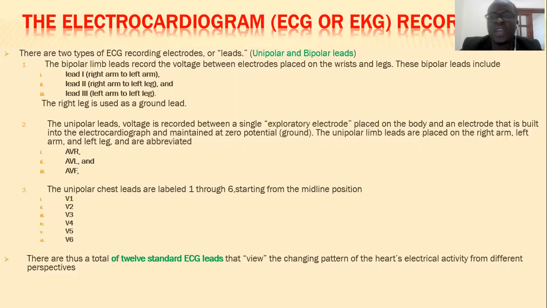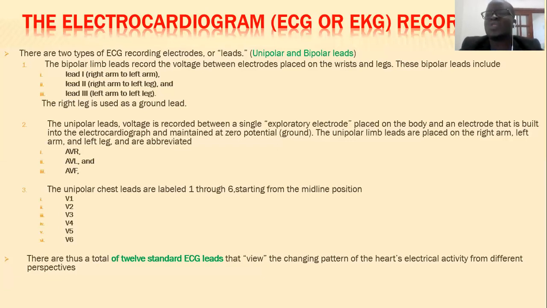For AVR, you connect 1 electrode to the right arm. Then another electrode to the left arm, which is called AVL. Then the other one to the left leg, which is called AVF, F for foot.